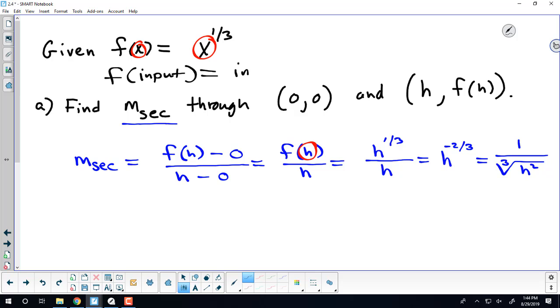And then I have my input to the 1/3. So if I plug in h or cube or star or spaghetti, I have a means to compute that. And then how did you get the negative? The h to the negative 2/3? Oh, properties of exponents here. This is h to the first, so we subtract. That's right, okay.